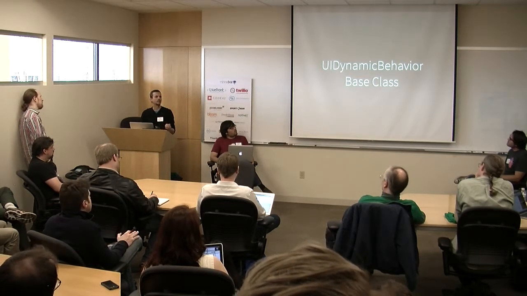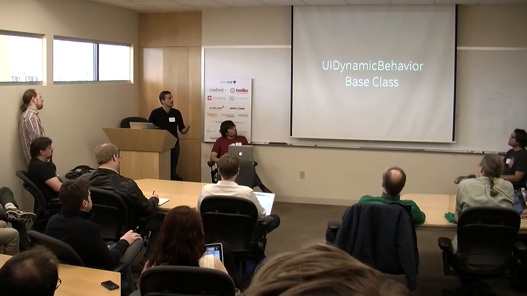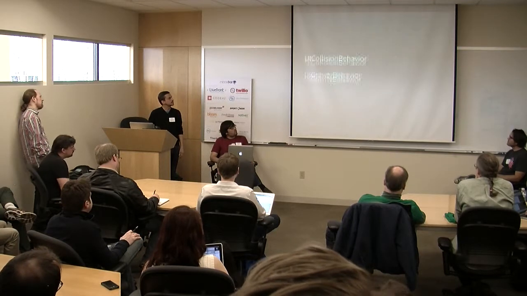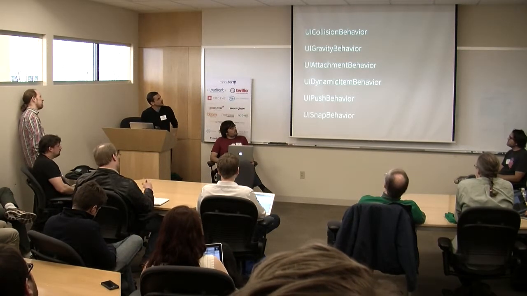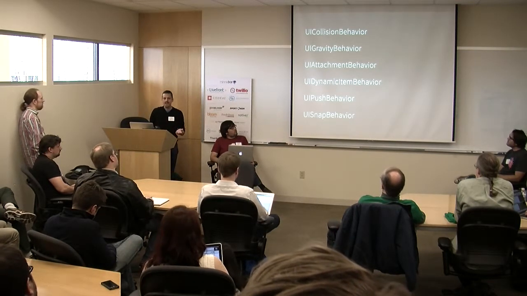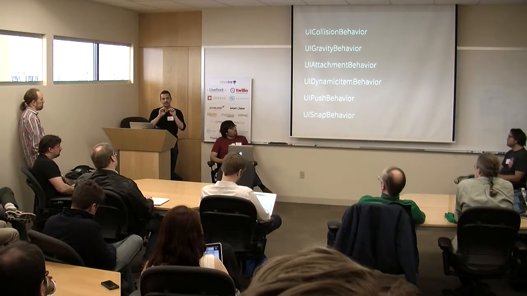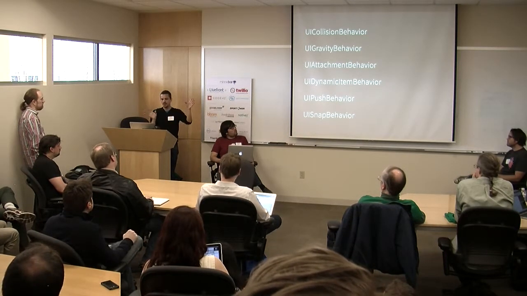It has some basic properties that you might want to assign to any UIDynamicItem. So we've talked about these 2 behaviors. There are 4 others. Attachment behavior allows you to attach 2 objects together. You can think of just like a stick attaching 2 objects together, so when you move one, it might drag the other one.